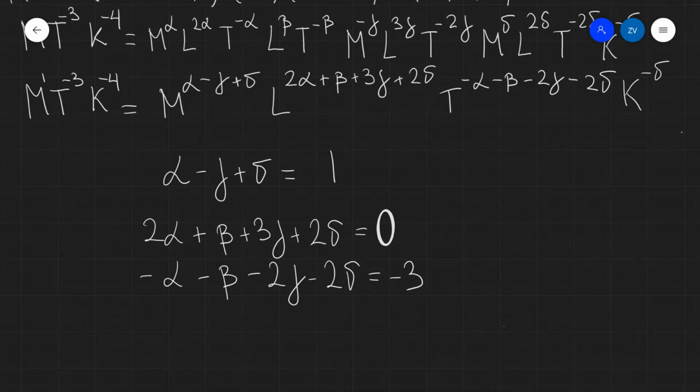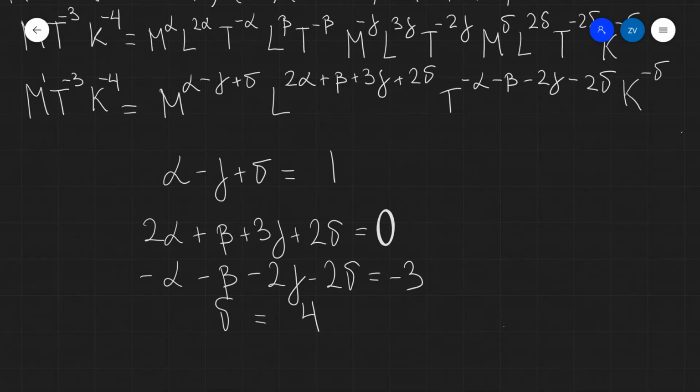And finally, a simple expression for the power of the Kelvin: minus sigma will be equal to minus 4, or a different way of writing the same expression is that sigma is equal to 4. Now we have a system of 4 equations and 4 unknowns. Well, now we know one of them.